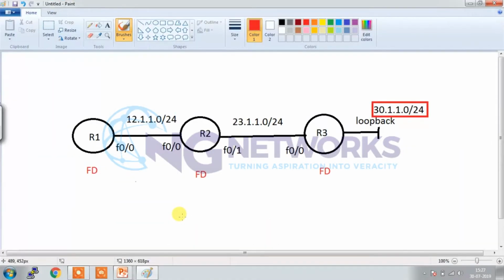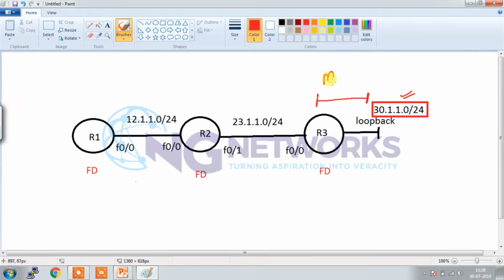So here is an example. We have three routers, R1, R2 and R3, and I'm going to consider this 30 network. R1 will have some metric to reach the 30 network, R2 will also have some metric to reach the 30 network, and similarly R3 will also have some metric to reach the 30 network.